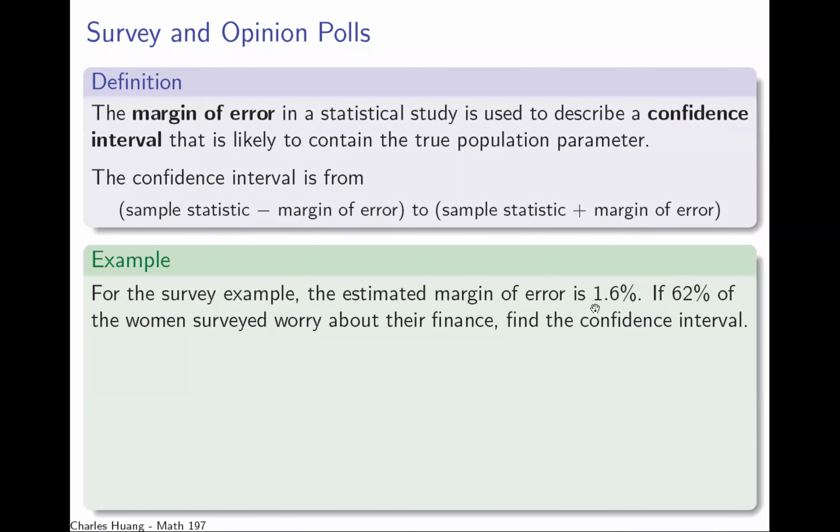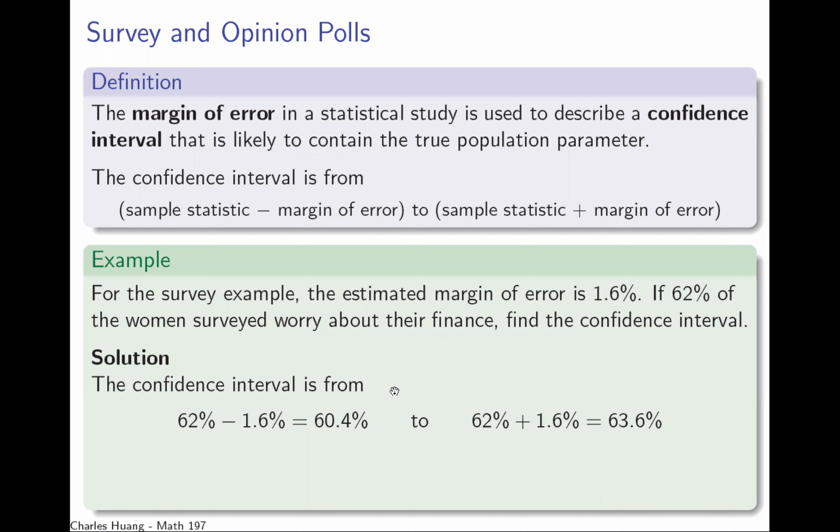In this case, because the margin of error is 1.6, that tells me that we are more or less certain, we are confident, that among all Canadian women in the population, a lot of them will worry about their finance. How much?